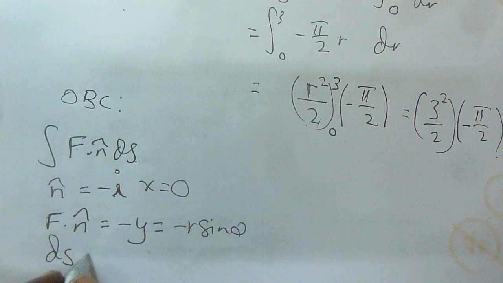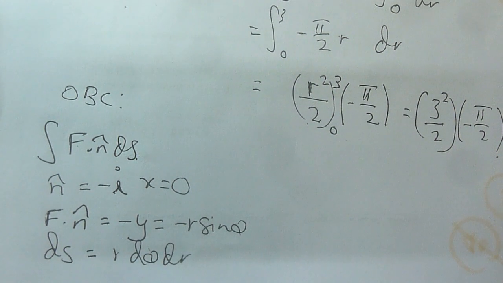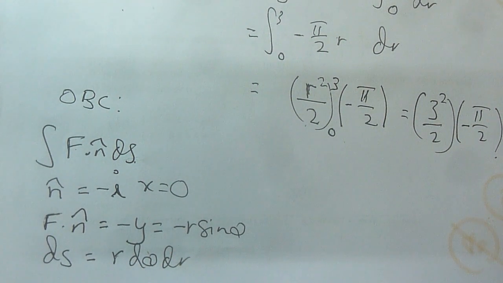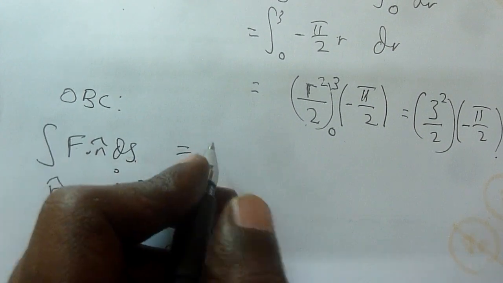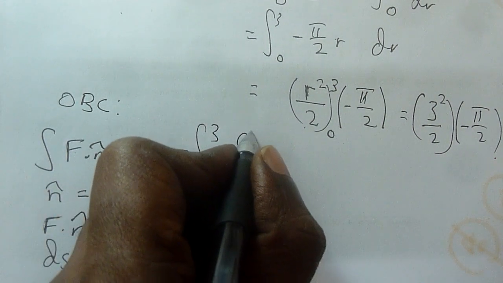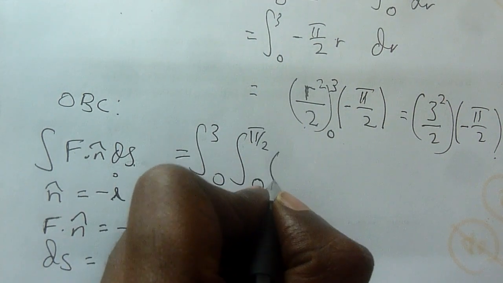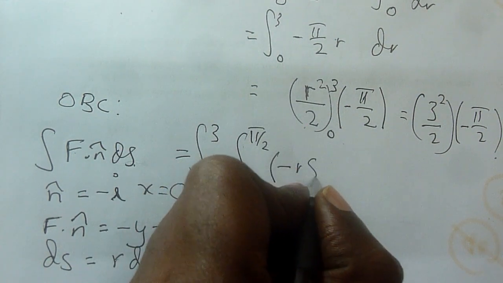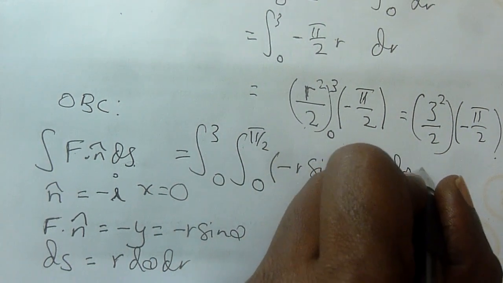What about dS? Still the same, r dθ dr. Can follow or not? Equals to, I just bring it up here, ∫ from 0 to 3, ∫ from 0 to π/2, of negative r sin θ r dθ dr.